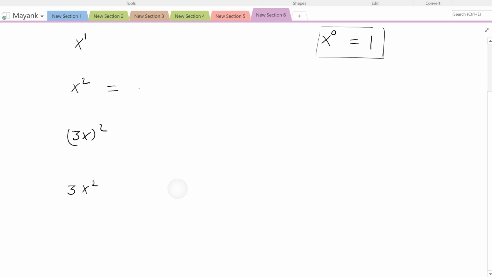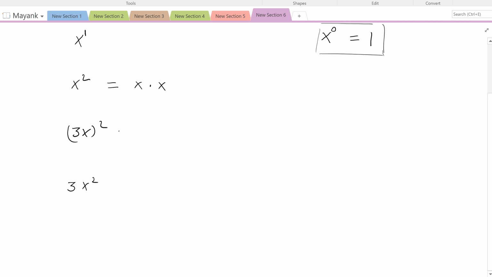X squared means x multiplied by itself how many times? Two times. Now the question is, what is the difference between these two things? How are they different? 3x whole squared and 3x squared. That's right.